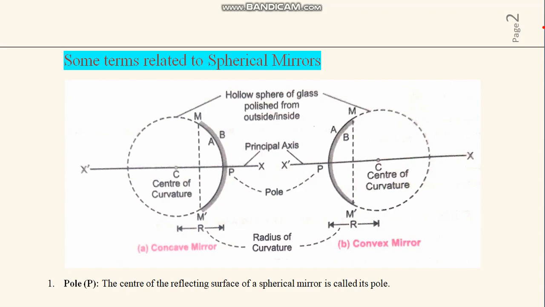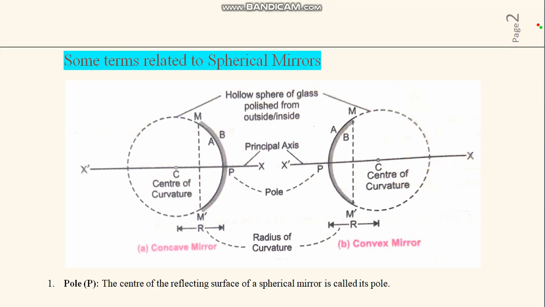Now let us discuss some terms related to spherical mirrors. Here in the diagram I have drawn both the kinds of mirrors indicating the terms that we are going to learn now. First of all, note that this is the sphere from which the concave mirror is formed, and this is the sphere from which our convex mirror is formed.